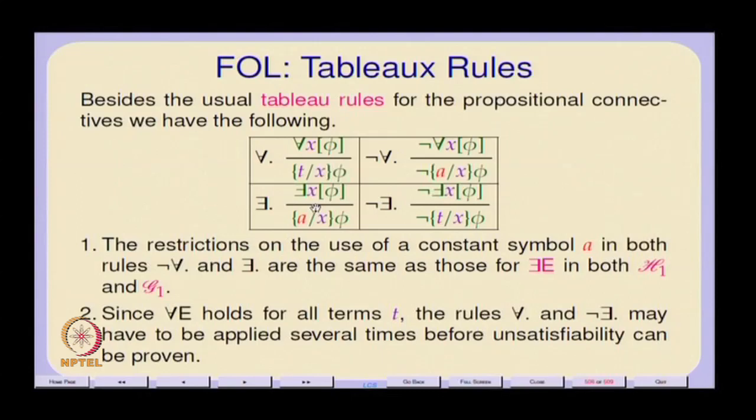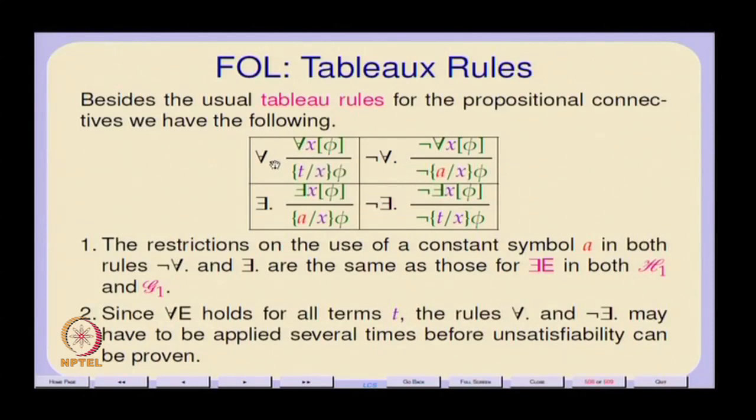The negation of the universal quantifier is very similar to the existential quantifier. So, the notion of a fresh A happens here too. After all, it is a dual, and this of course models the same as the universal quantifier, right.